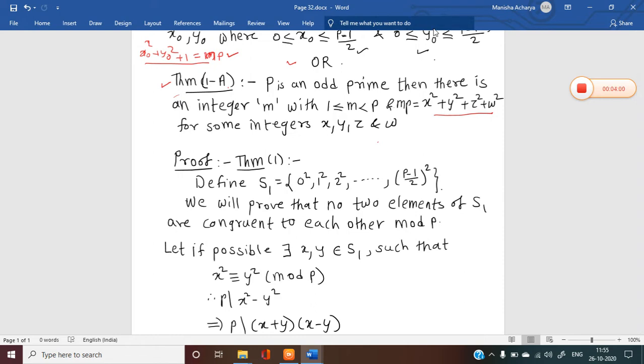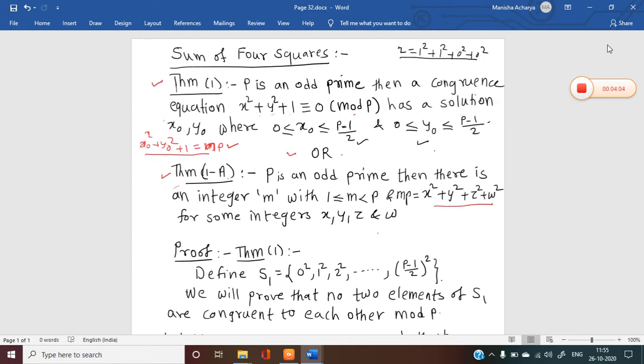Okay, so the first part is to show that for a prime p, we can find the numbers x0 and y0 such that 0 is less than or equal to x0 less than or equal to p minus 1 by 2, and similarly y0. So with x0, y0 satisfying this condition, we are going to show that x square plus y square plus 1 congruent to 0 modulo p has a solution x0 and y0.